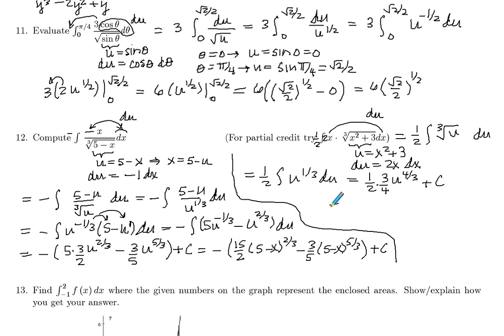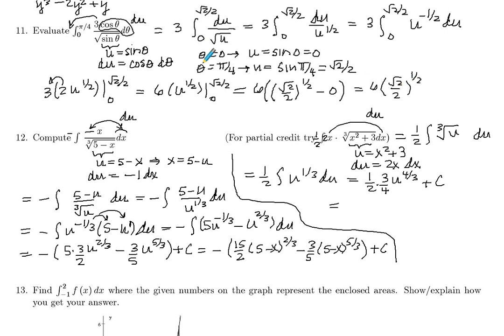And now all we have to do is plug back in our x squared plus 3. Reverse the substitution. Remember, when you do a u substitution with a definite integral, you don't have to go back to x's. So notice up here, we changed our limits of integration over, wrote those in terms of u. But since you get a numerical answer on a definite integral, you don't have to change back to the x's.